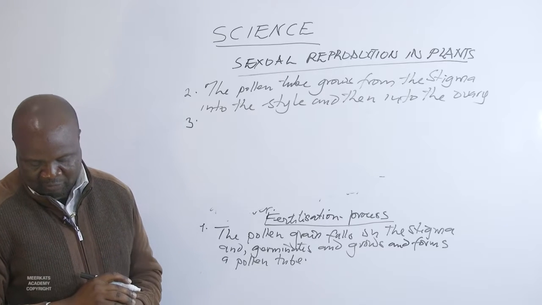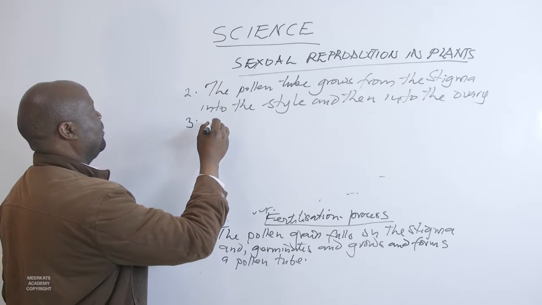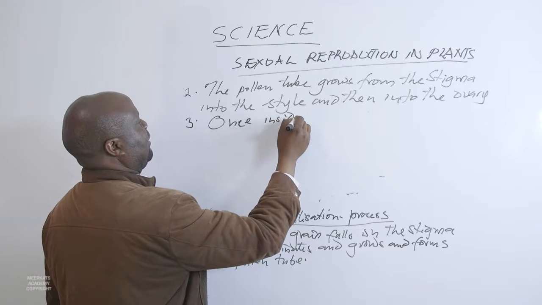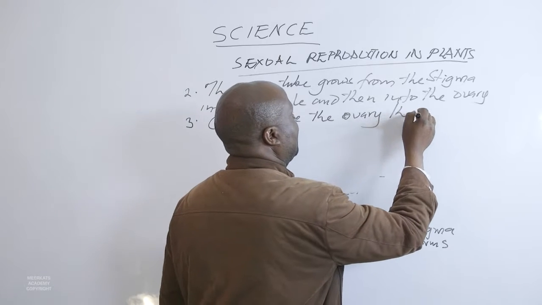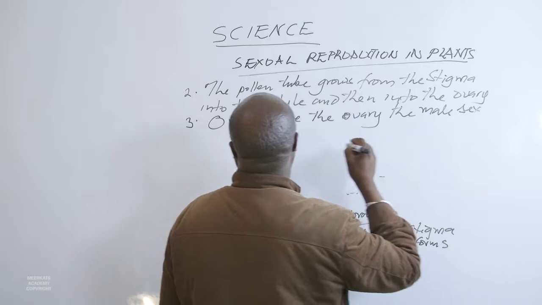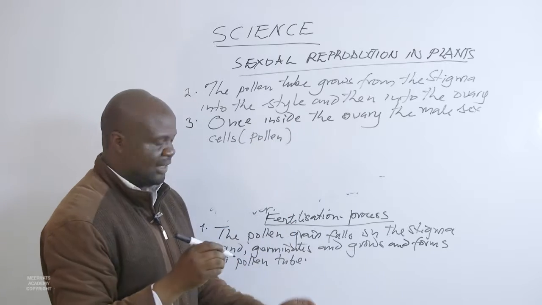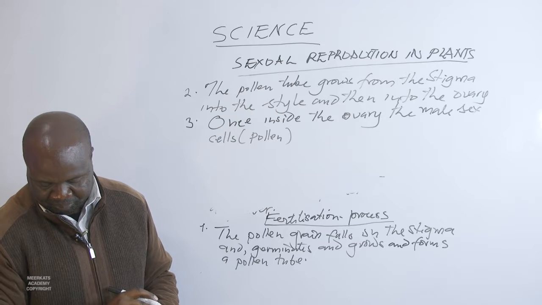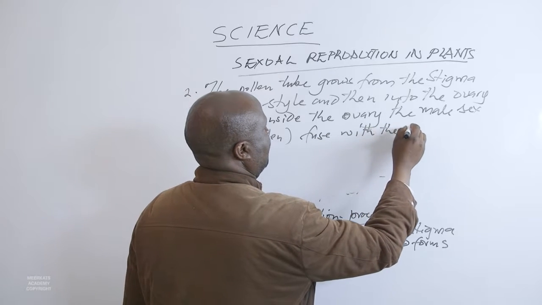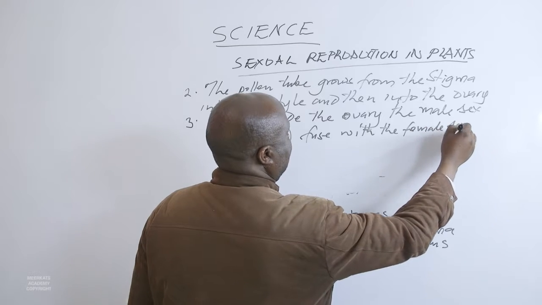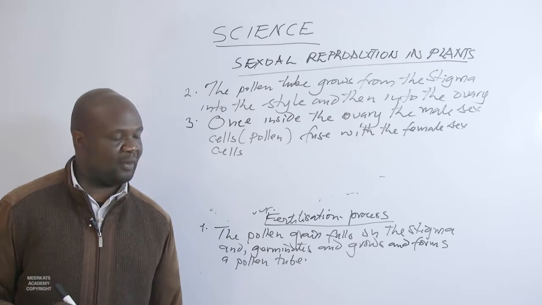Once inside the ovary, the male sex cells, that is the pollen, that are carried by the pollen tube fuse with the female sex cell in the ovule.